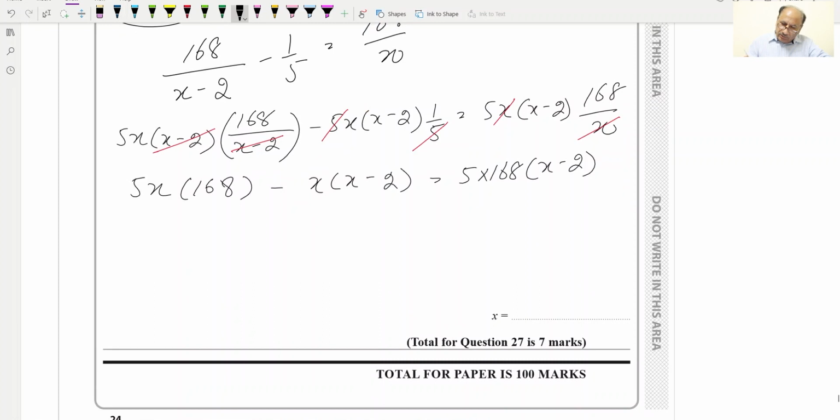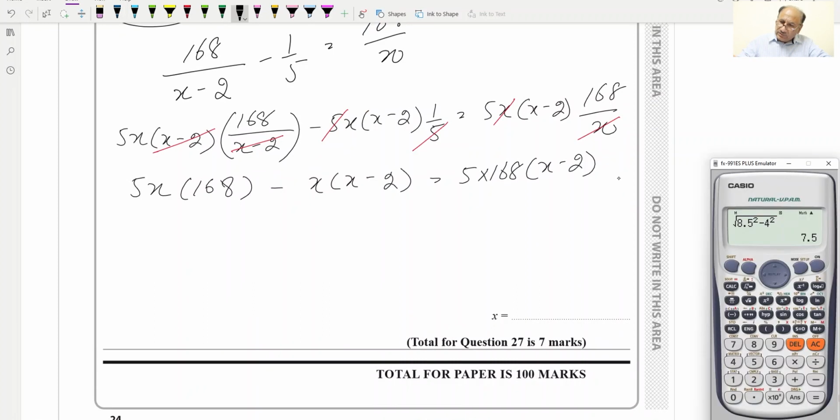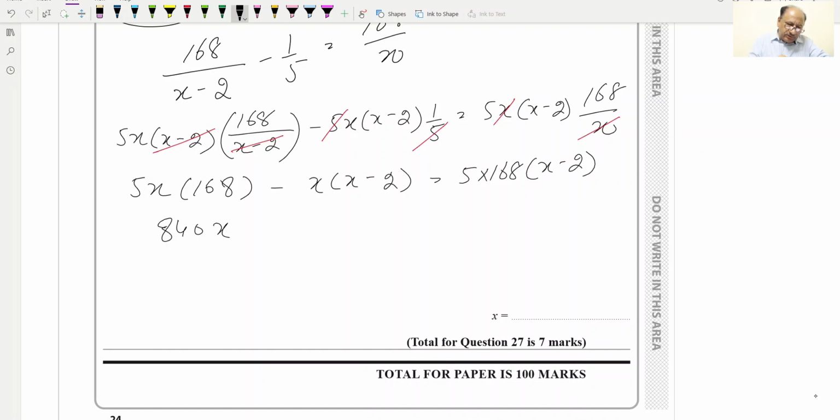Further we can multiply 5 into 168, which is 840, so 840x minus, we can open the brackets, so it will be x squared plus 2x, and this will be equal to 840 into x minus 2, and we can simplify.